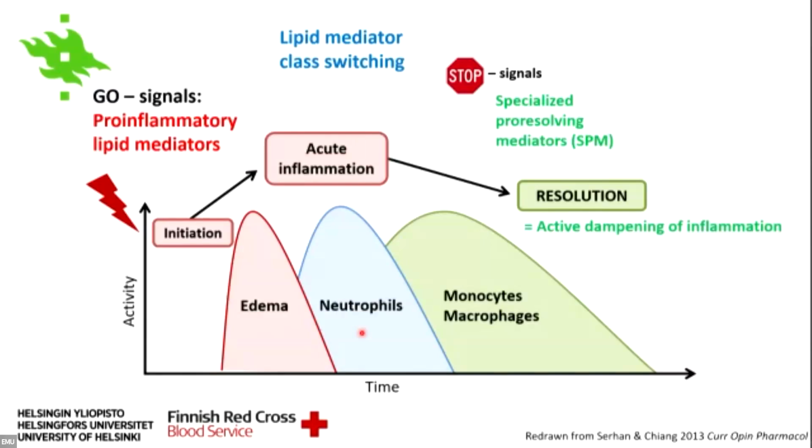So inflammation doesn't just passively dampen away, but is actively regulated. And because these mediators are derived from fatty acids in the cell membrane, the cell membrane has key importance in the inflammatory status. If we don't have the fatty acids in our membrane, then we can't produce these mediators. Of course, we also need the enzymes and everything, but also the fatty acids.